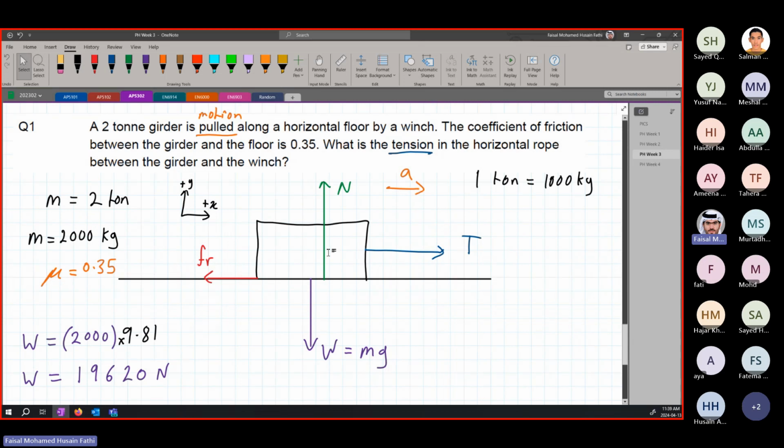This tension force is what is pulling the girder through. What is this tension force trying to overcome? It is trying to overcome the friction force. So for there to be motion, this tension force has to be equal to this friction force or greater. But keep in mind, the question is not talking about the total force applied by the winch. They only want the tension force in the rope.